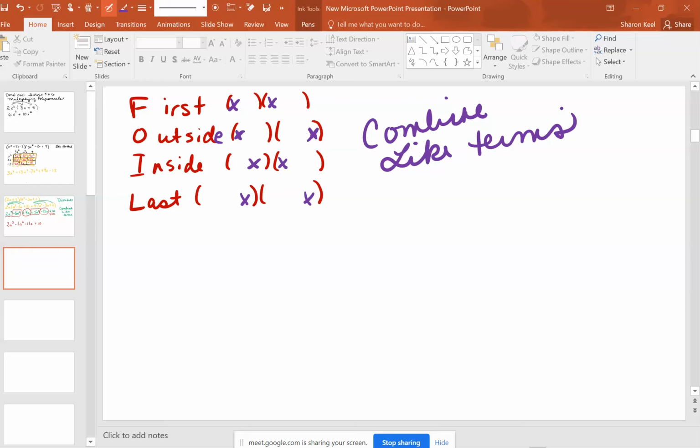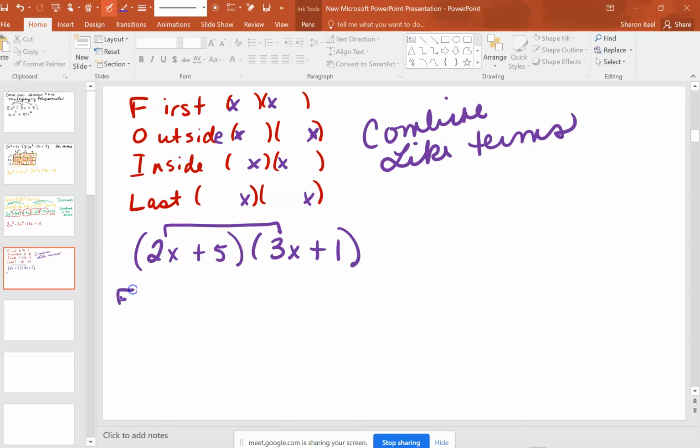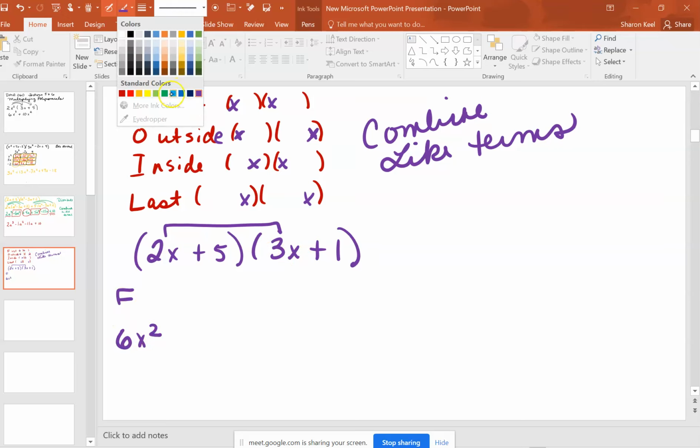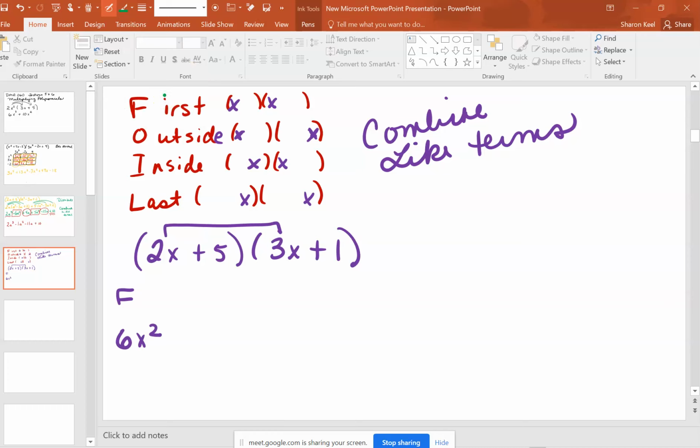So let me give you an example of how we can use the FOIL method. Okay, let's say we have 2x plus 5 times 3x plus 1. So my first is 2x times 3x. That's going to give me 6x squared. And I'll change colors with each of these so you can see it. Then when I do my outside, that's the outermost.